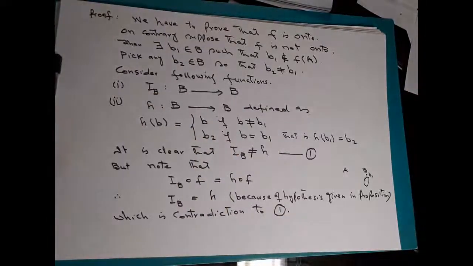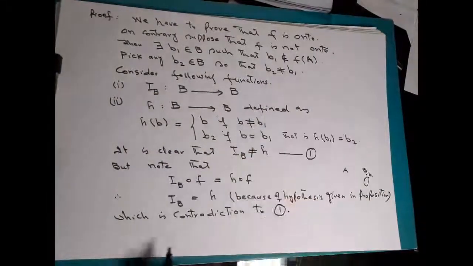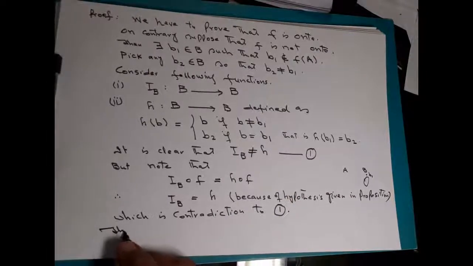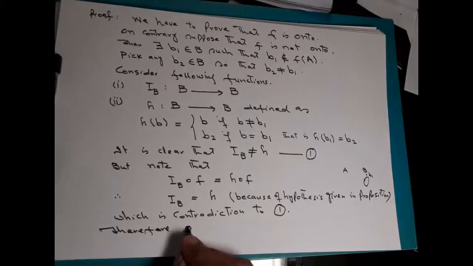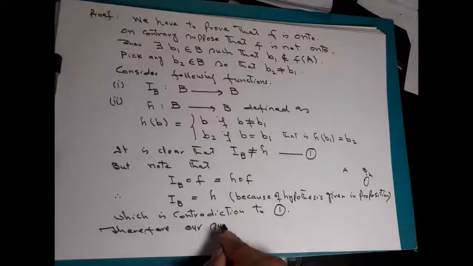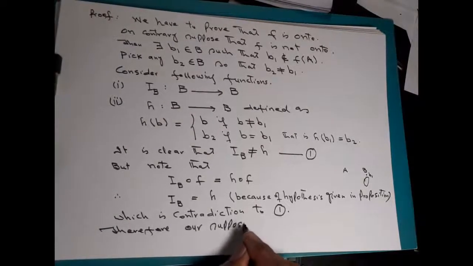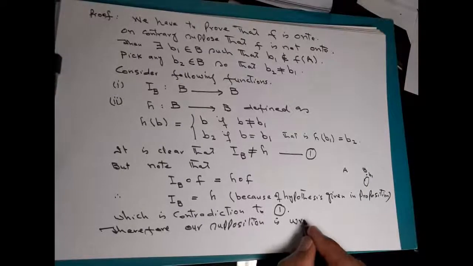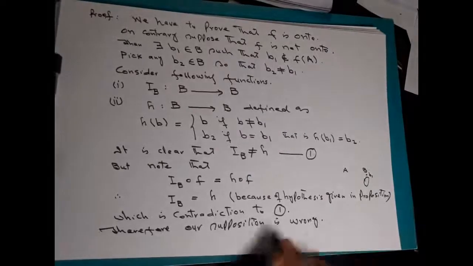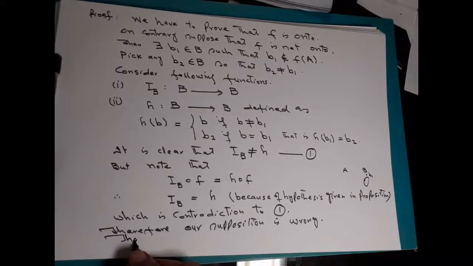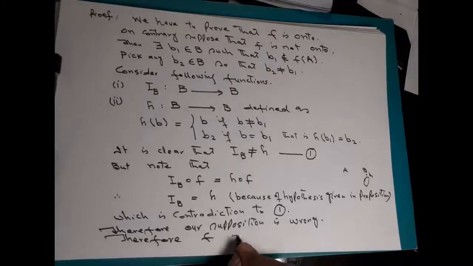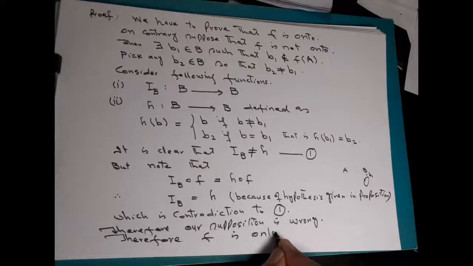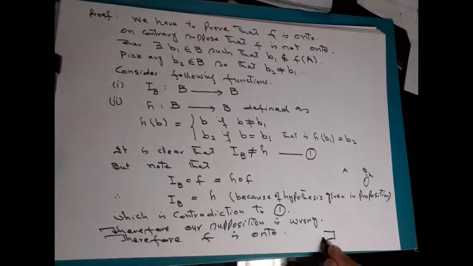We supposed that f is not onto. So therefore our supposition is wrong. And therefore f is onto. f is onto. So this completes the proof.